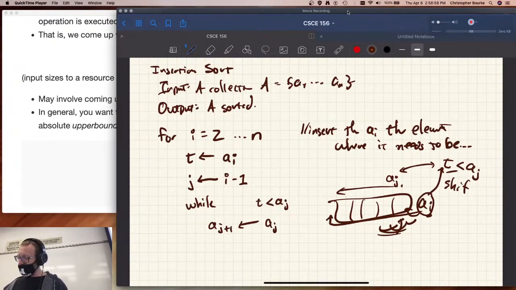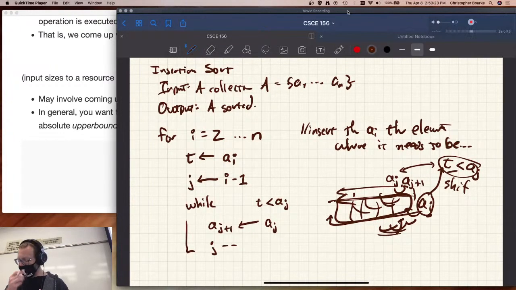I'm just taking a sub j and moving it forward to a sub j plus 1. Right? Move it forward, move it forward, move it forward, until this is no longer satisfied. I do have to set myself up for the next round by modifying j, and since I work right to left, I decrement it.